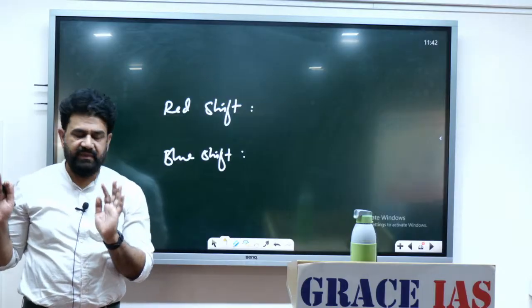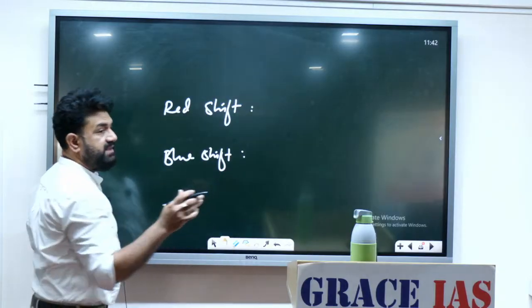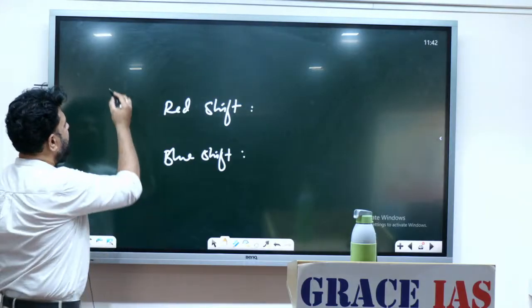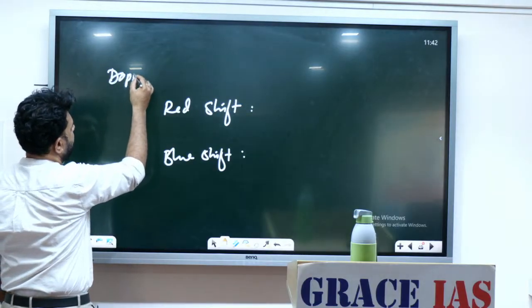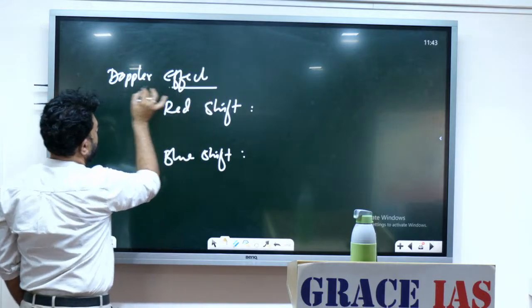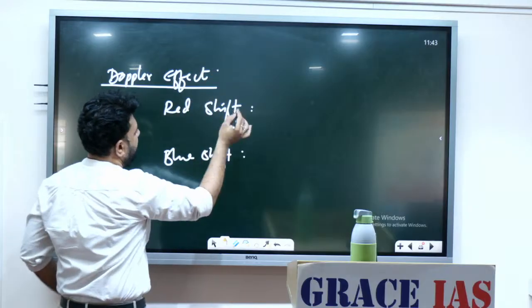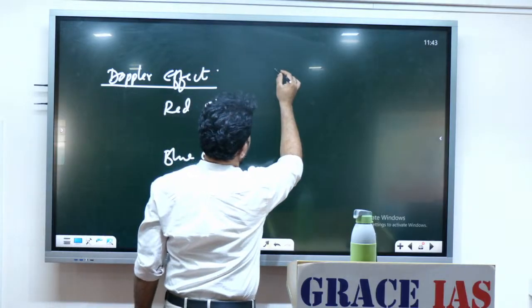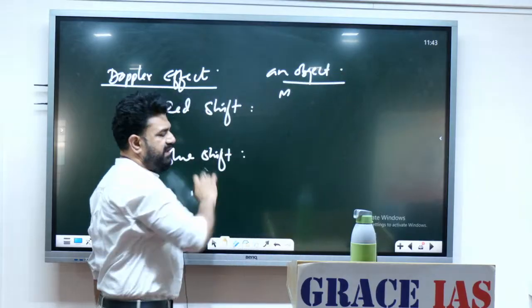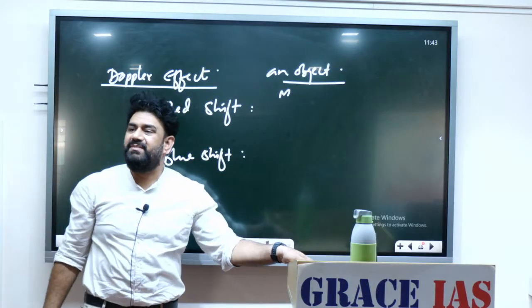Simple. It is based on a physics principle, hence we are talking about it. It is based on the Doppler effect. When any object moves away, usually in geography and astronomy we take celestial objects.